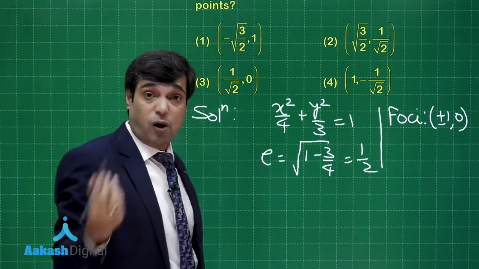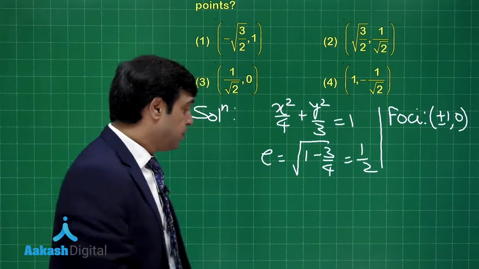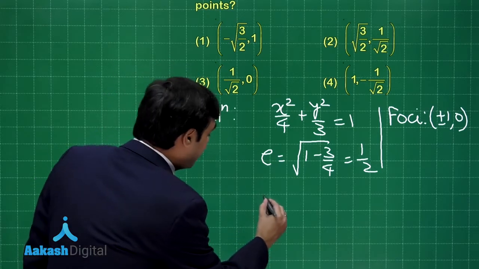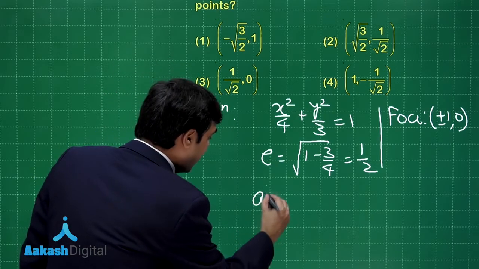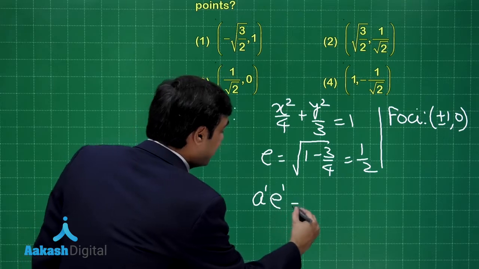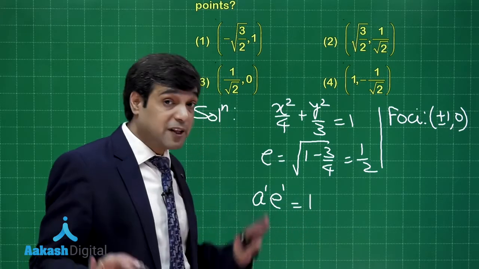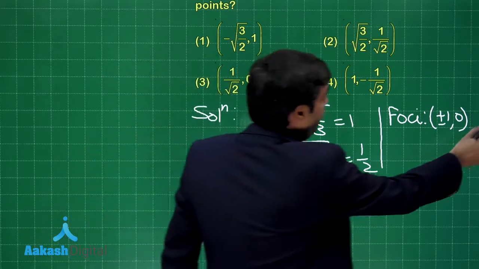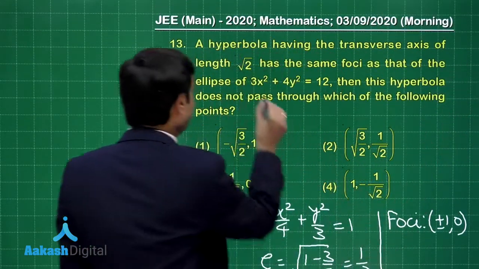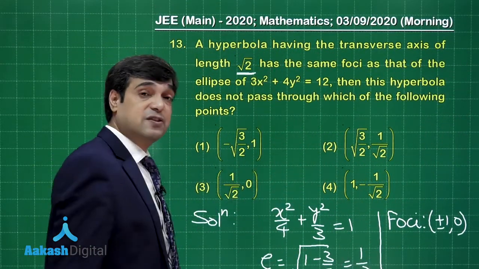Now the hyperbola also has the same foci. That means for the hyperbola you can say a dash e dash is also 1. This part is clear now. Now the question is saying the length of the transverse axis is √2.